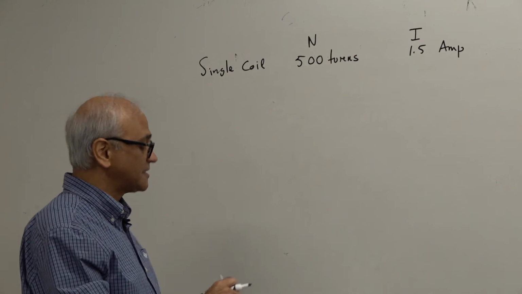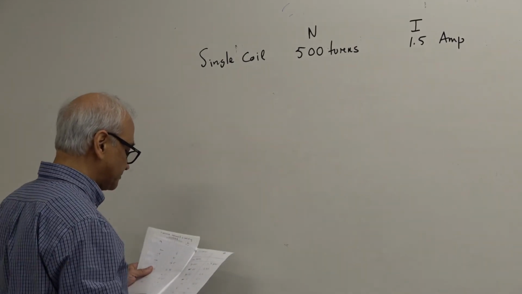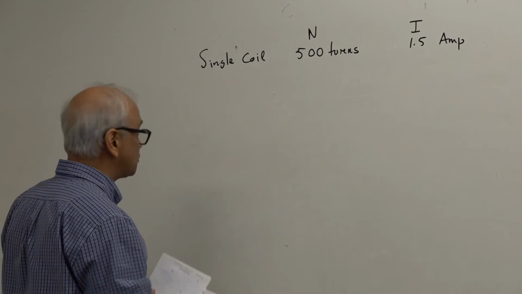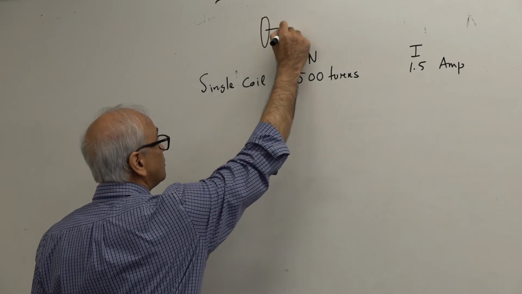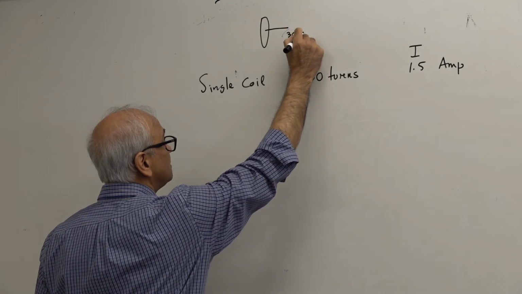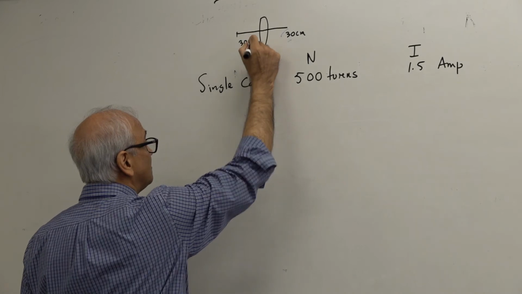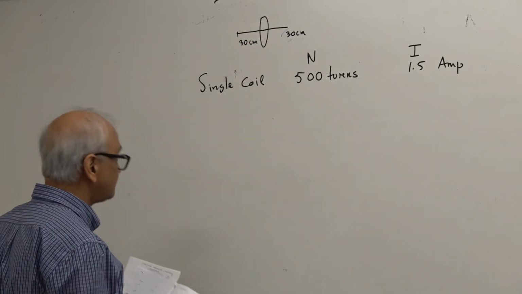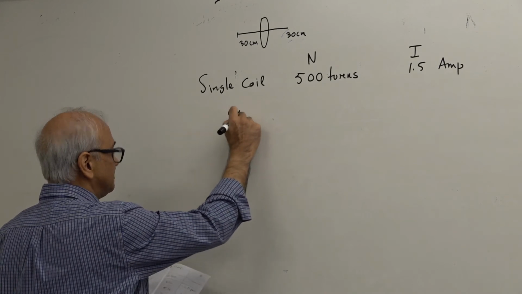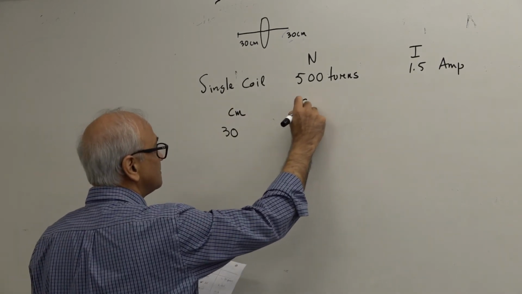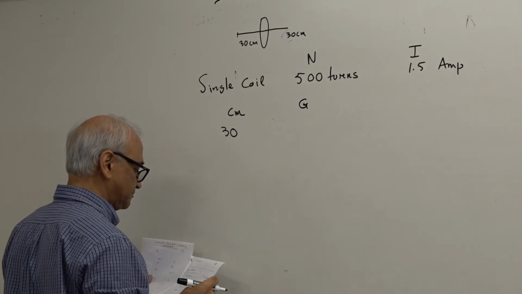We're only looking at the axis, by the way. Remember for a single coil, this is the coil, we're going to go 30 centimeter in one direction and 30 centimeter in the other direction. So this is centimeter, and this is in Gauss.